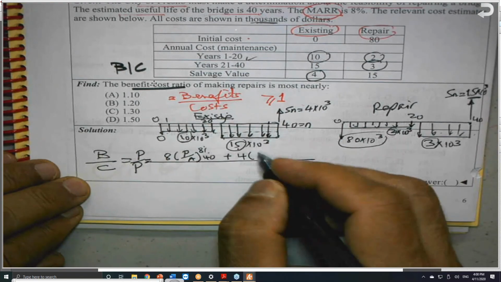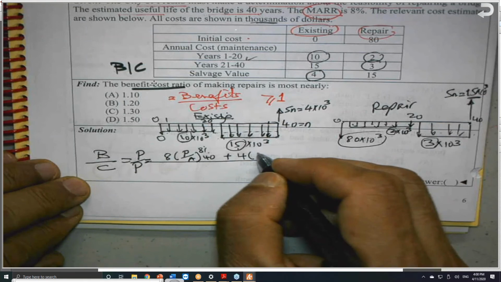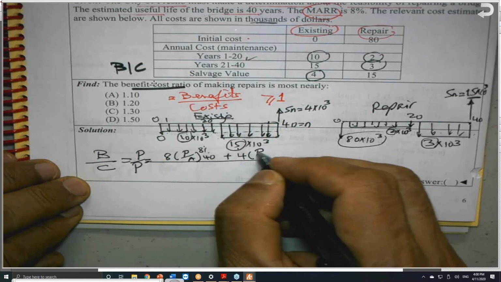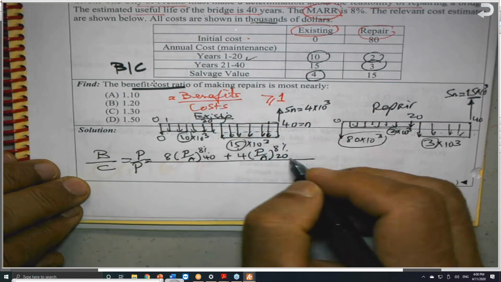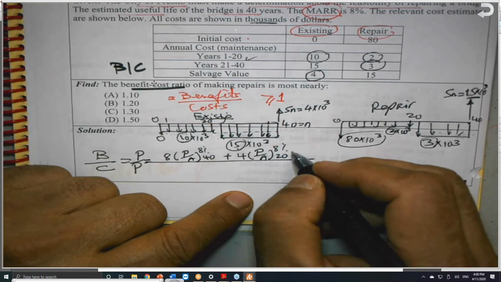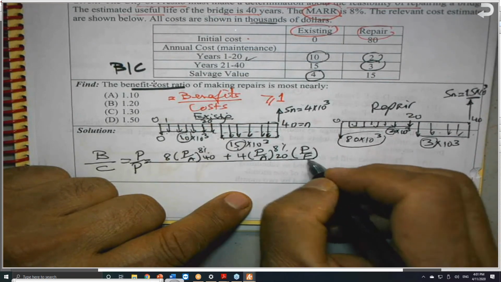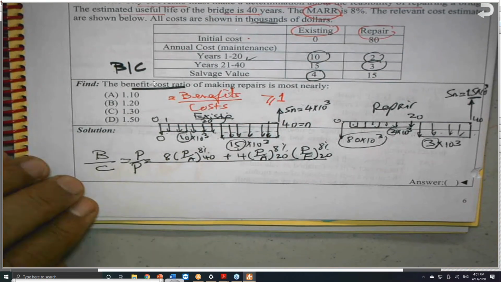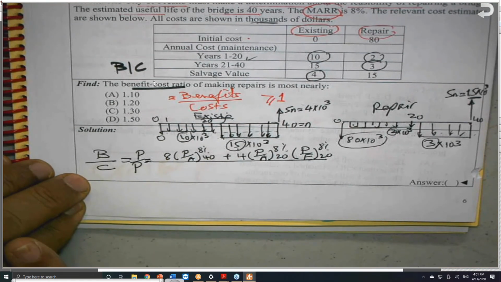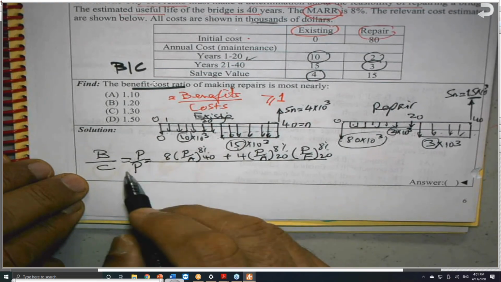And this, I'm going to convert. This is an A. I can convert it as a P. So it is P over A for 8% and 20 years. And there's the second one, it is P over F of 8 and 20. And I'm sure that you're going to ask me about this next time. I convert it as a P first, and the P here is with respect to F. Over the cost.